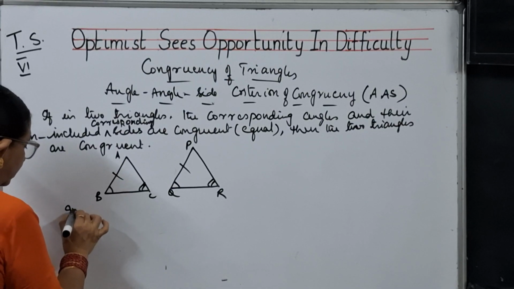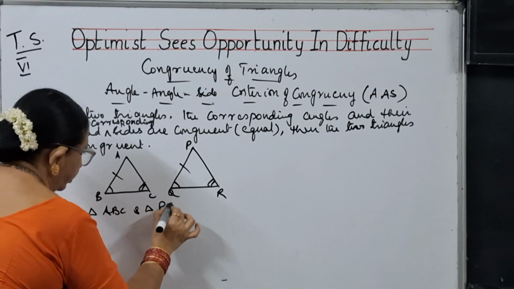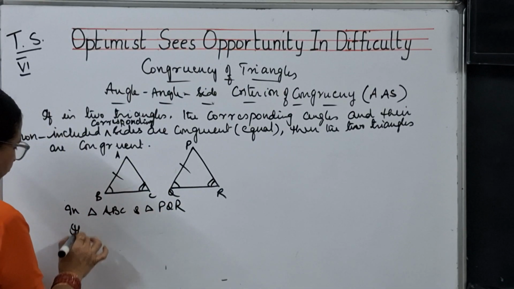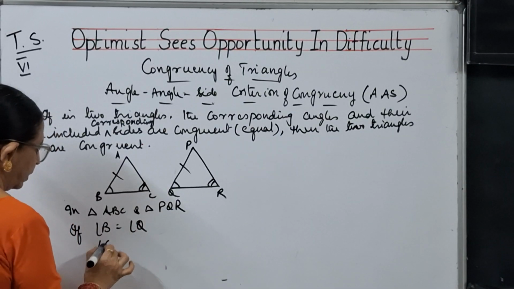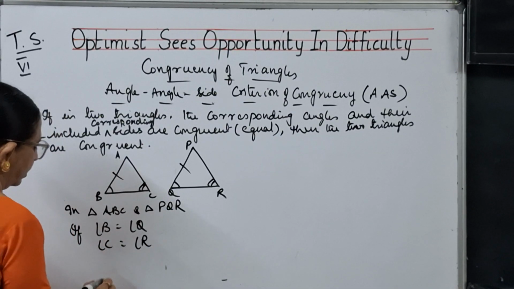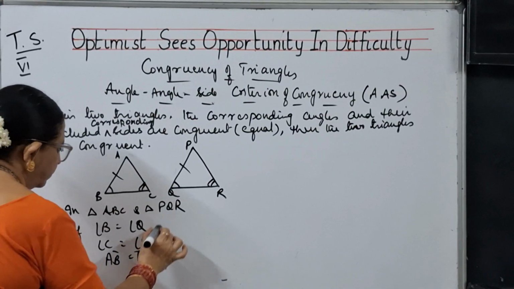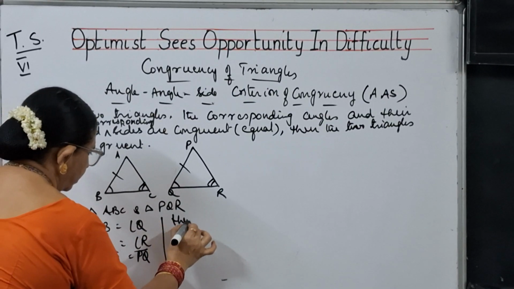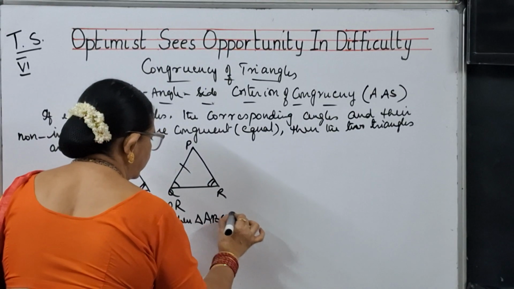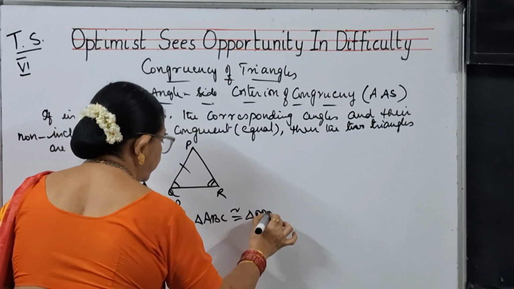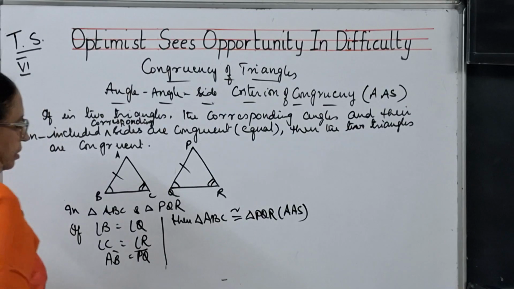So, in triangle ABC and triangle PQR, if angle B is equal to angle Q, angle C is equal to angle R, AB is equal to PQ, then triangle ABC is congruent to triangle PQR basing on the angle side property.